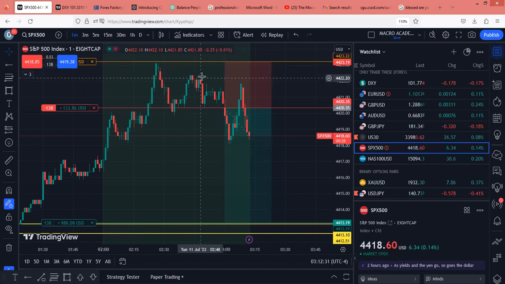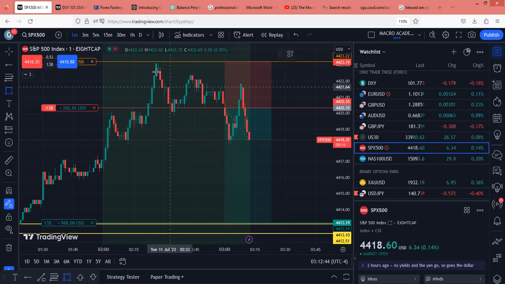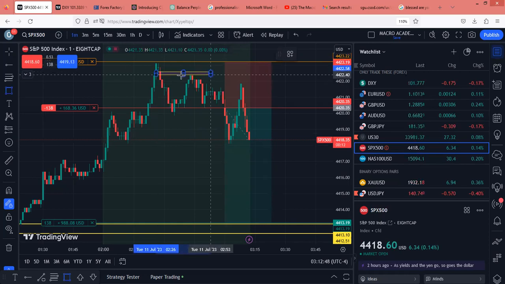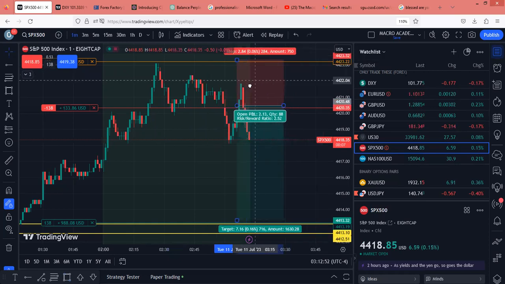So I would have my stop here. But then also, I noticed that this price point hasn't been fully filled. So just to make it safe, there's a very tiny fair value gap between this point and that high. So I thought to cover for that as well, and I put my stop over there. So that's why I did that.